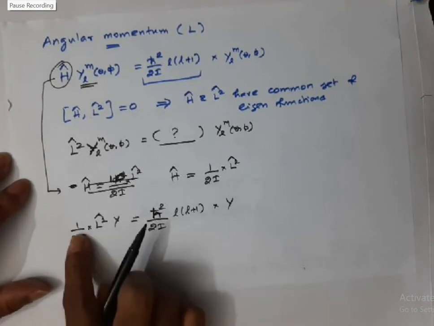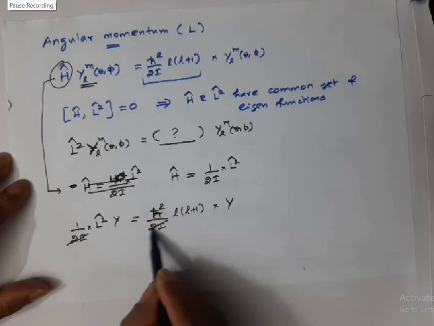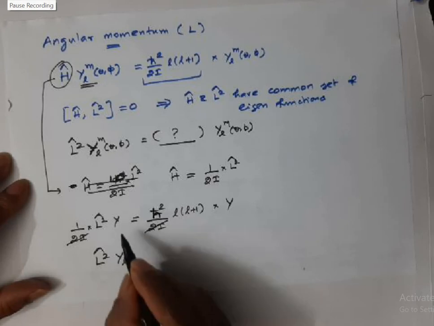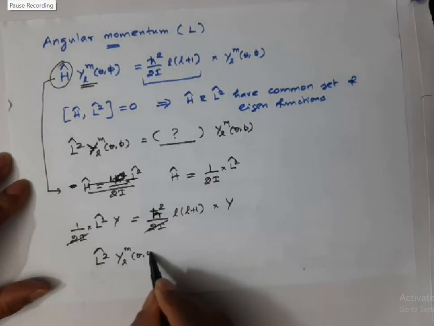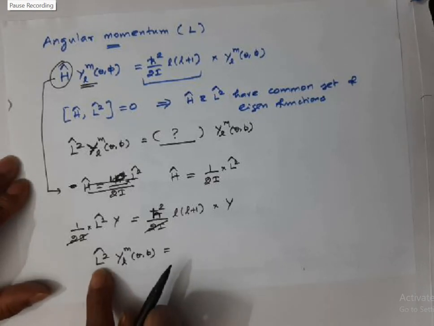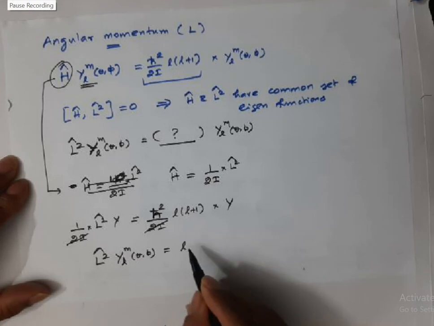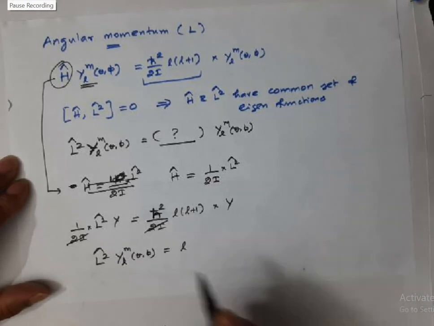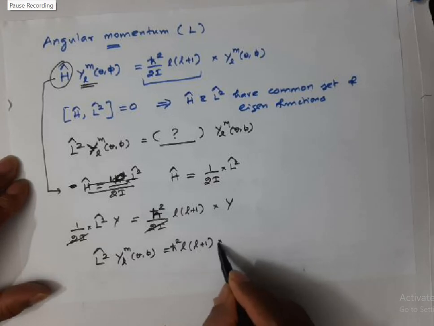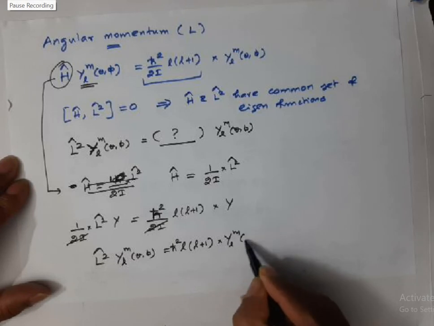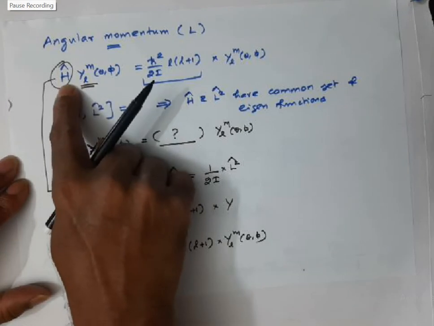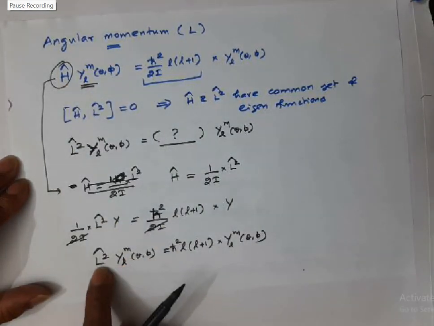Now you can cancel the 2I on both sides. Therefore, the L square operator, when it acts on the function Y_Lm(theta, phi), which is the usual way of writing the spherical harmonic function, gives the eigenvalue h bar square into L into L plus 1 times the same function Y. So the eigenfunctions of the Hamiltonian operator are also the eigenfunctions of the L square operator.